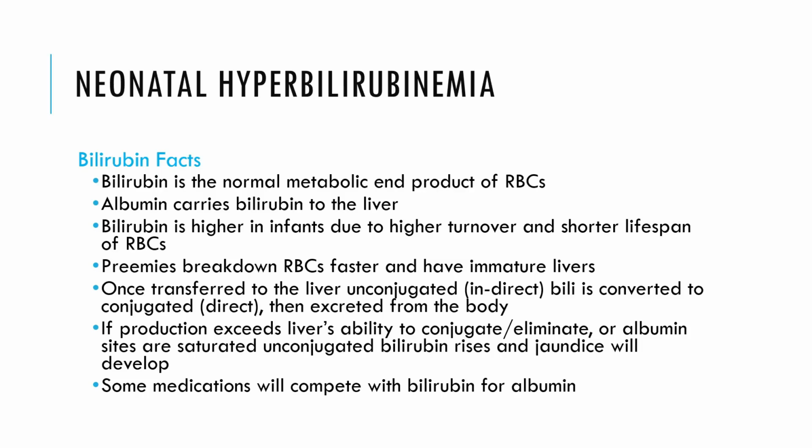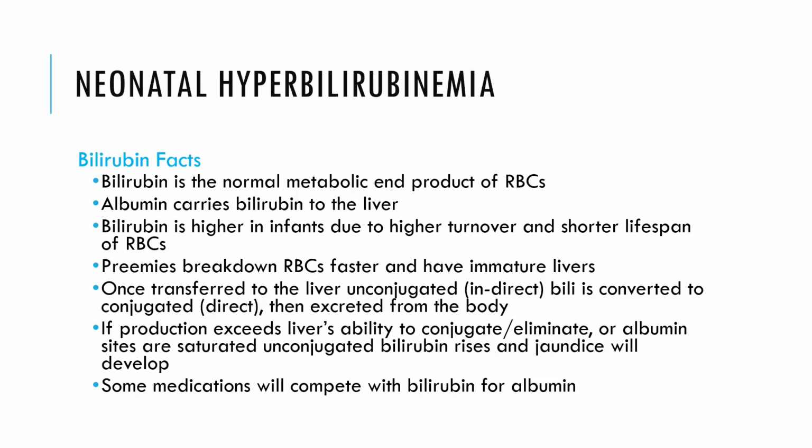So here are some bilirubin facts for you, just to sum up what we talked about so far and move on. Bilirubin is the normal metabolic end product of red blood cells. An average lifespan, like the video said, for an adult red blood cell is about 120 days. But remember, infants are a little less than that, about 70 to 90 days.